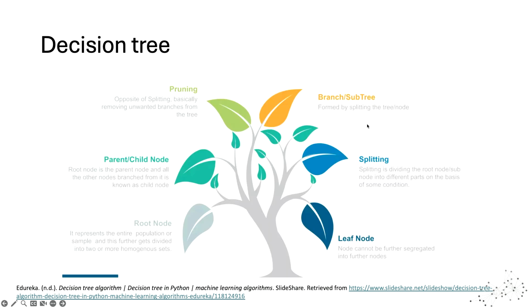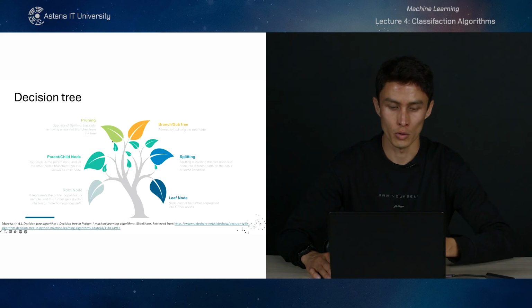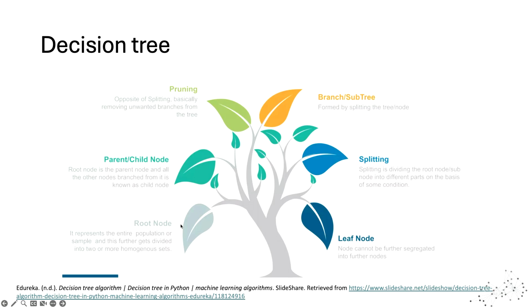In a decision tree, there are several terms or features that we need to consider. First, we have the root node, sometimes called the parent node, where your decision tree starts. It represents the entire population or sample, and this further gets divided into two or more homogeneous sets.